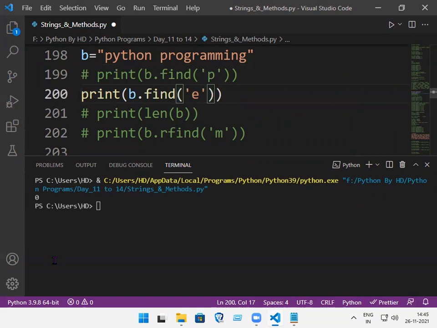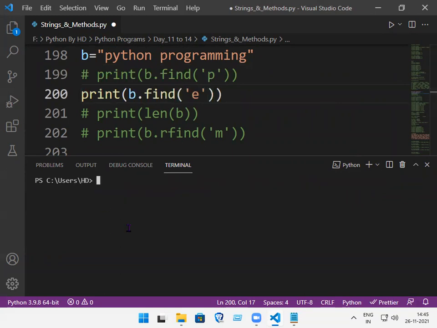Count t. Find e. What will I get here? In the case of index, if that value was not there, what did I get? ValueError, substring not found.